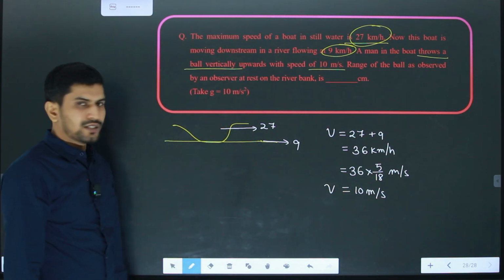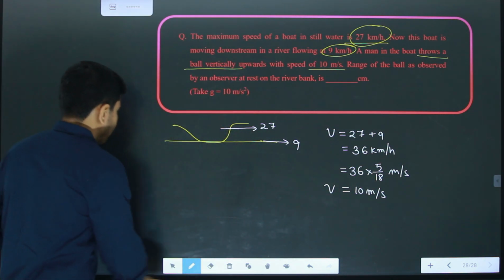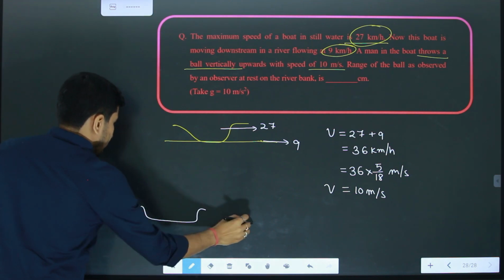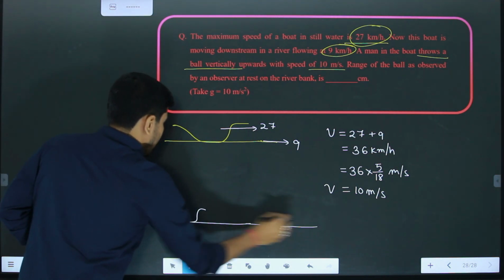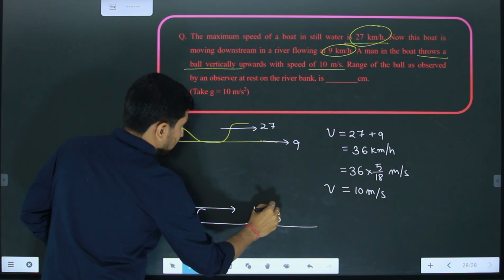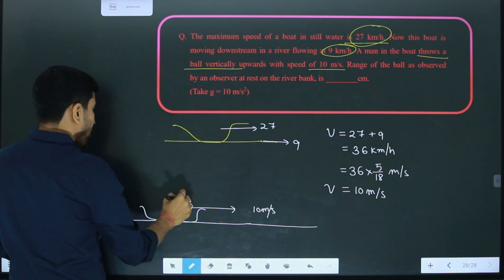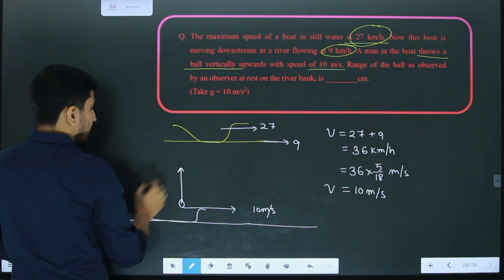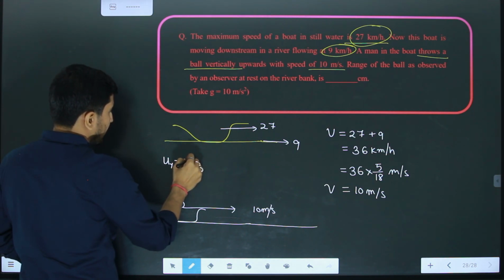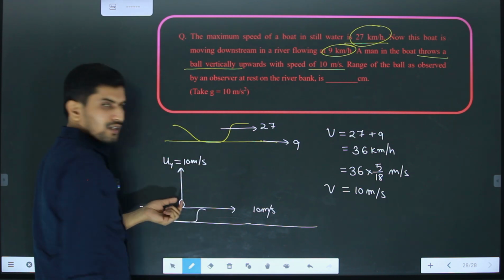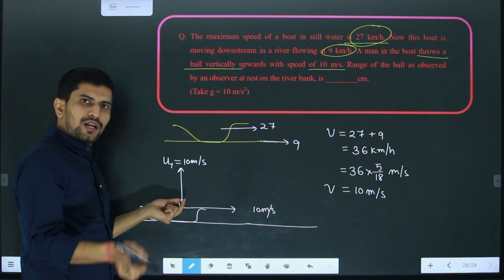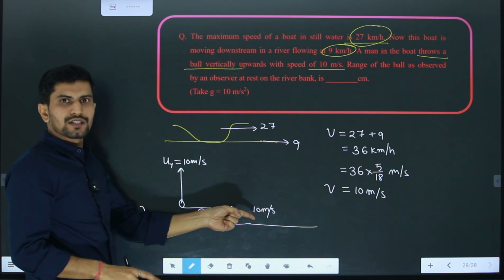Now see, I will draw the boat again here. The boat is moving with what speed? 10 meter per second. Okay. Now a ball is projected in the vertical direction. Let's say vertical speed is uy and it is equal to 10 meter per second. But at the point of projection, ball already had the horizontal speed.